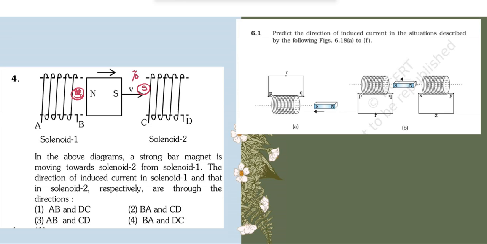So for an observer observing from here, he will observe a current from A to B, and the observer from here will observe it from D to C. So this is correct, and this is there in NCERT. Just look at this section B. It is a direct question; if you practice this question, they asked this.